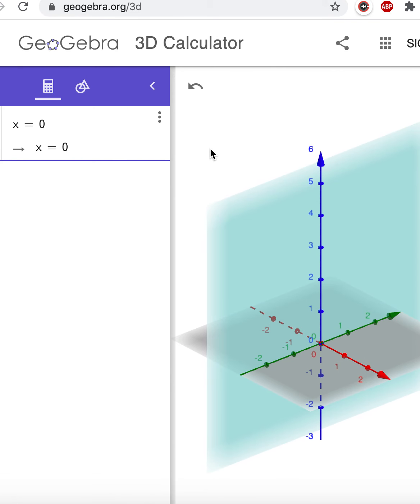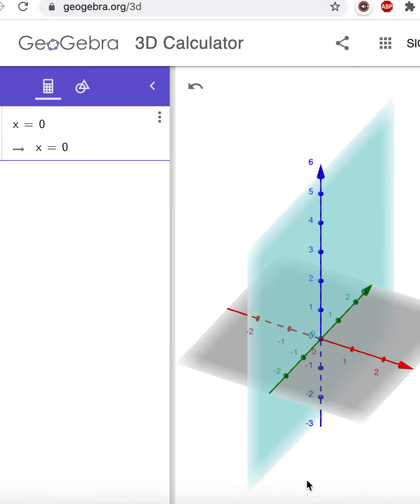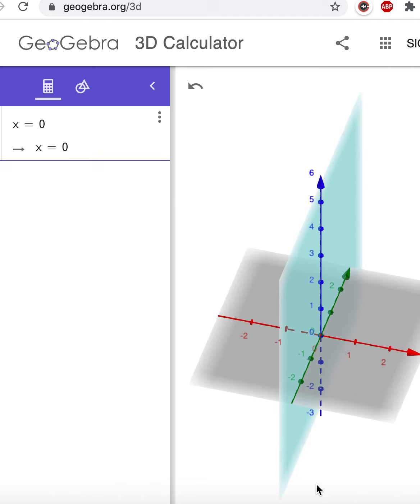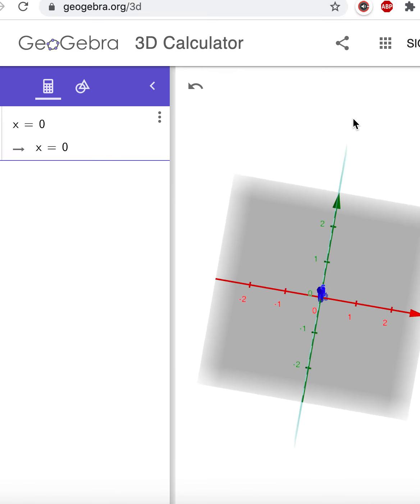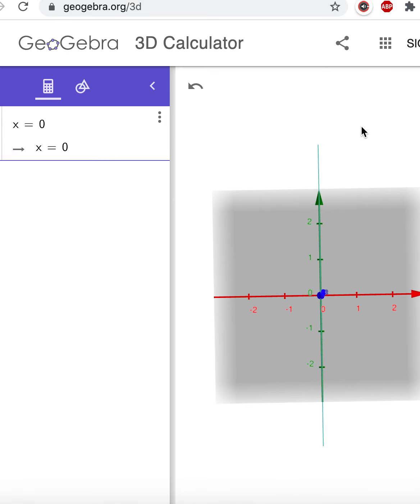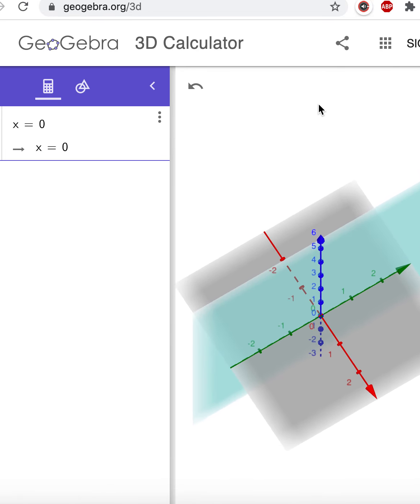Now we have a vertical plane. This is a vertical plane that is drawn along the y-axis. Just like x equals 0 would be a vertical line in the two-dimensional sense, when we extend this to three dimensions, it becomes a plane.